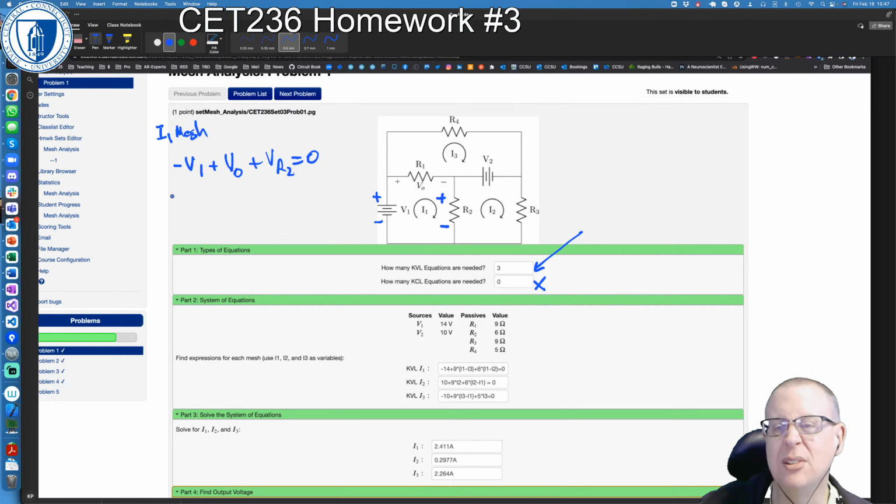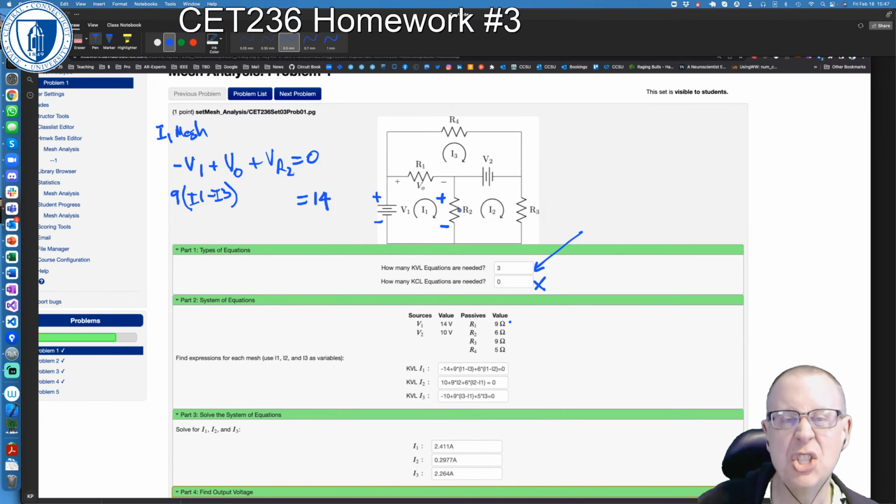So V1 is 14, so I'm going to put the 14 on the other side. V out is going to be R1 times I1 minus I3, and R1 is 9 ohms, so it's 9 times I1 minus I3.